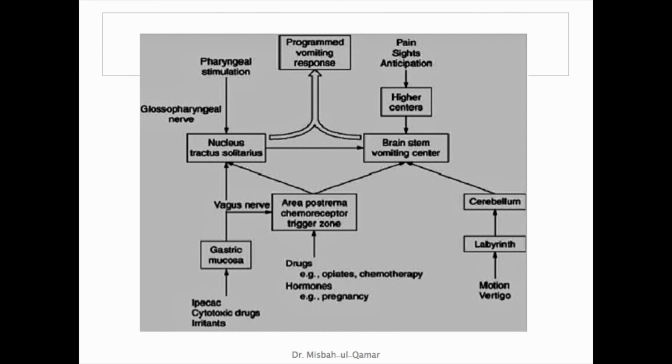Now the efferent signals, they are carried by fifth, seventh, ninth, and 12th cranial nerve to the upper gastrointestinal tract, while the spinal nerves to the diaphragm and they supply abdominal muscles.